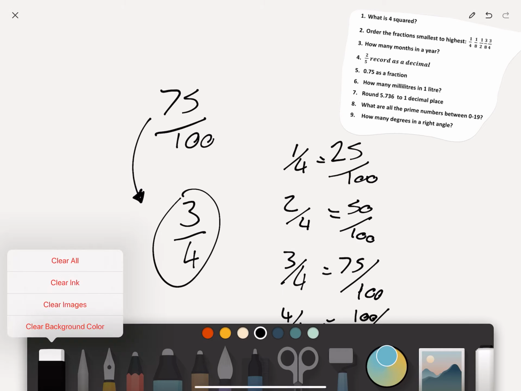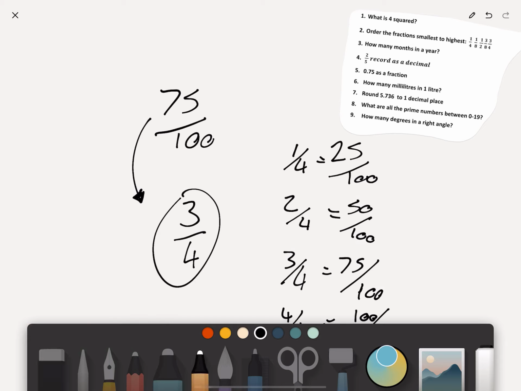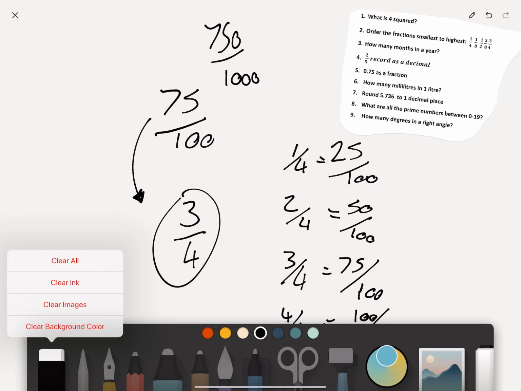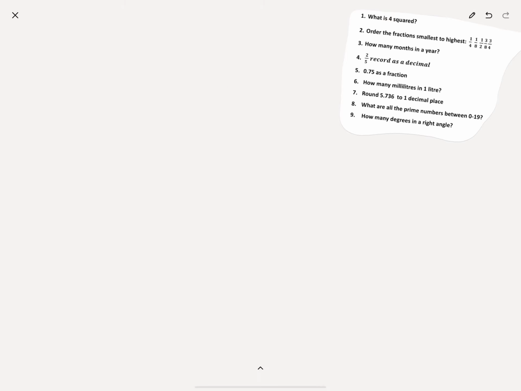But if you've got 75 over 100 there, that's fine. Or you could have had 750 over 1,000, potentially. The answer I've got in front of me says 3/4, but I'd argue that the question doesn't state that it wants a simplified fraction. So 75 over 100 would be fine.